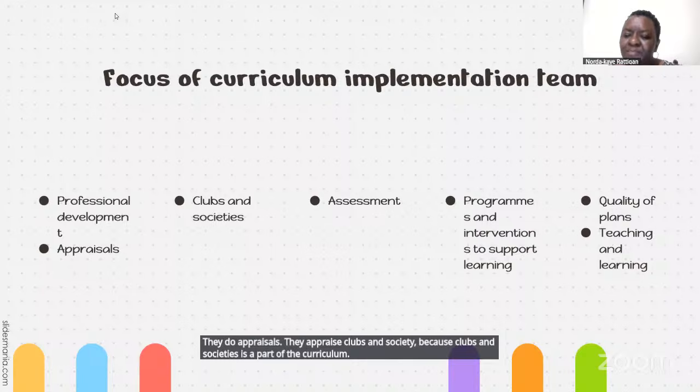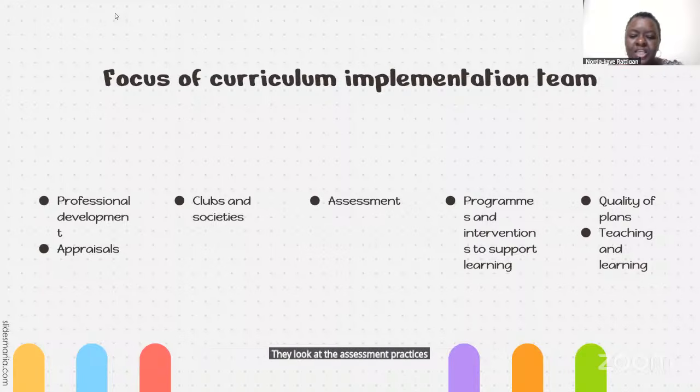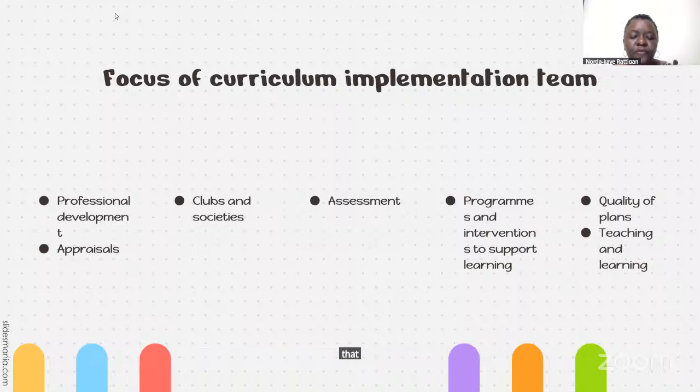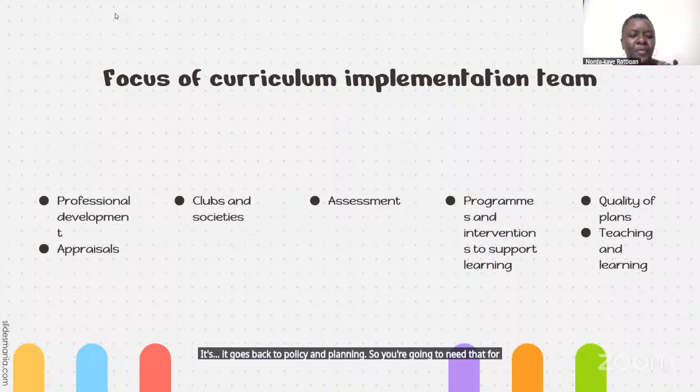They look at the assessment practices. They look at intervention and support for learning, the quality of planning, and the quality of the teaching and learning. Your CIT team can give you all of this information that you will need to focus and improve on question 7, 8. It goes back to policy and planning. So you're going to need that for question 10 when it talks about policy.